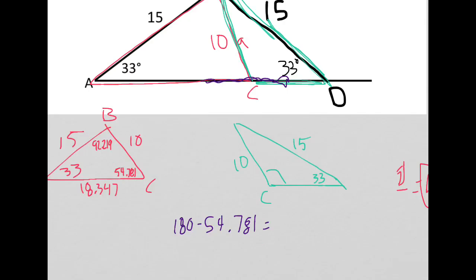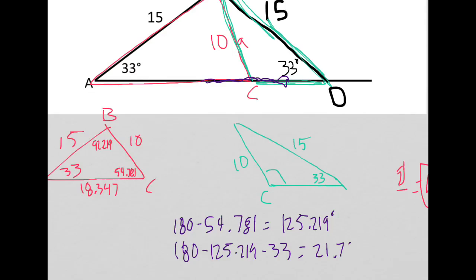Doing so, you get 125.219, an obtuse angle. And we can use that to find the third angle in the triangle, doing the same thing. This time 180 minus what we just found, 125.219, minus the other angle we know, 33. We get 21.781. And so we can fill out this triangle a little bit.